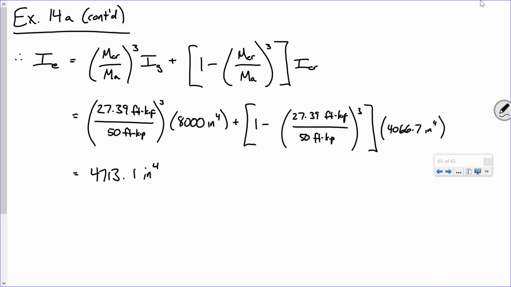So to calculate the dead load deflection, to start off, let's look at our load.